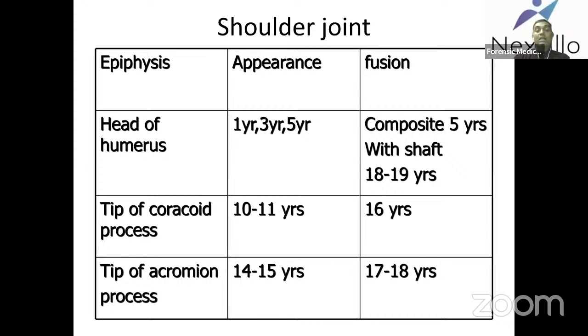In a similar way, the tip of the coracoid process of the shoulder joint appears around 10 to 11 years, and is fused at 16 years.